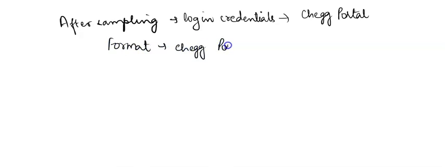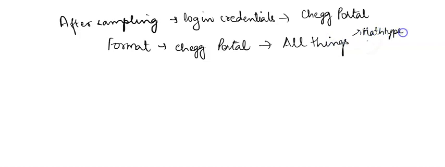Now, how to use it? Basically, the portal has all the things. On the portal itself, you have MathType, you have equation editors, you have drawing tools, and even the graph tools there. So basically, the portal is making everything available for you.